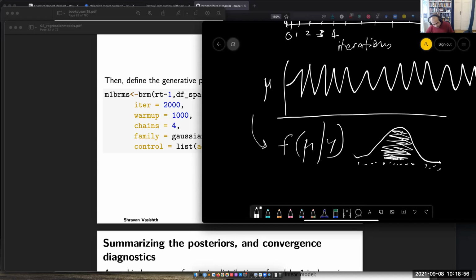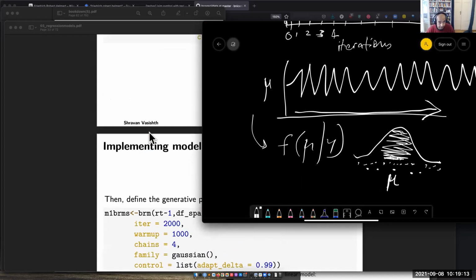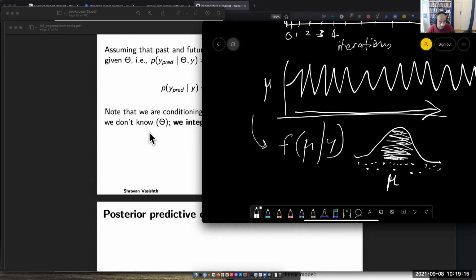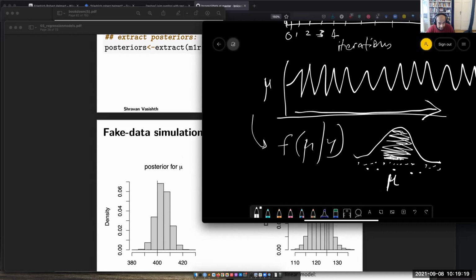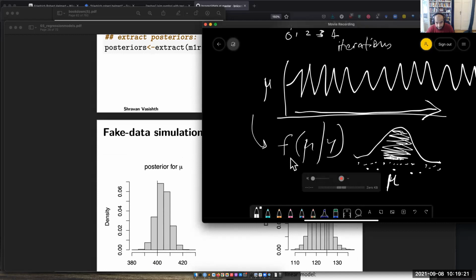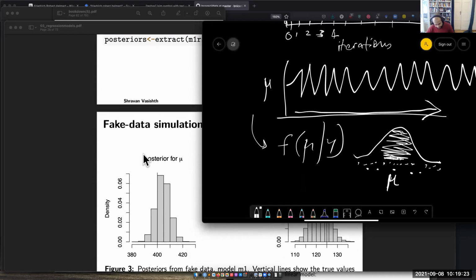So at the end of all these iterations, we will have a bunch of samples from mu. And those are the samples that I'm plotting as histograms for you. These histograms are the results of that sampling that Stan is doing for you.